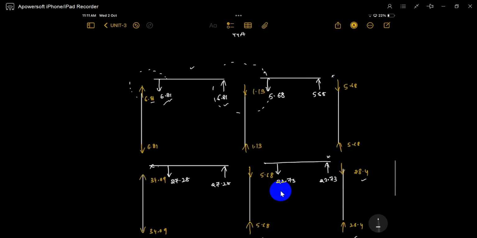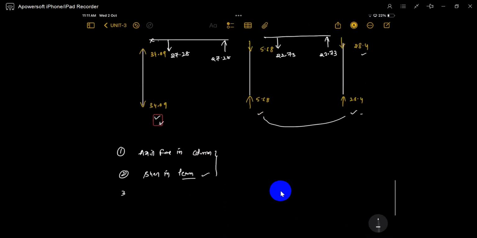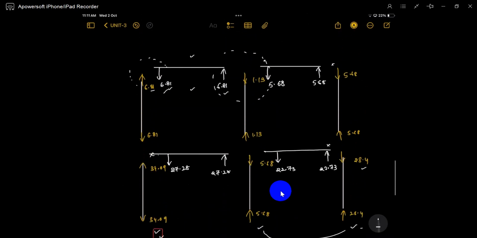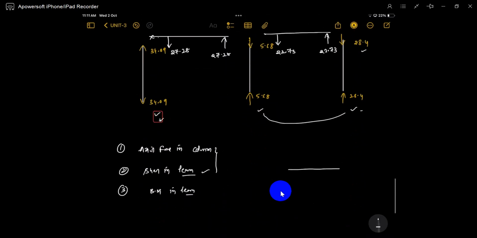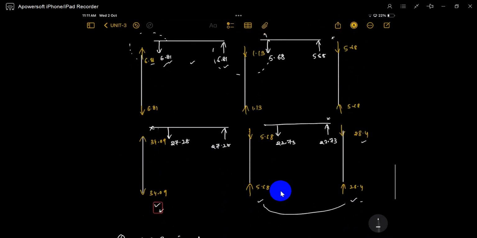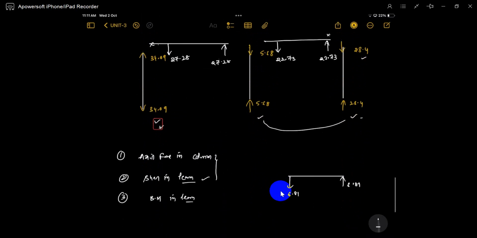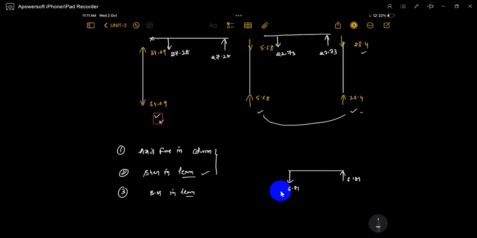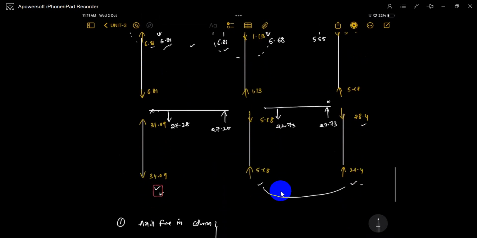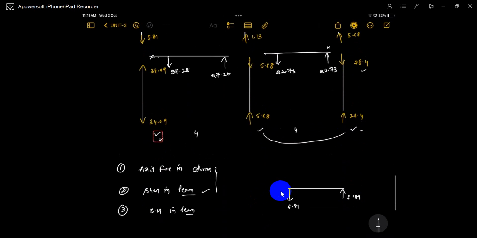So now you can calculate bending moment in beam. If you check, this is the beam. What was the shear? 6.81, here 6.81. So what are the bending moments? The length is 4, this is 4, this is 4.